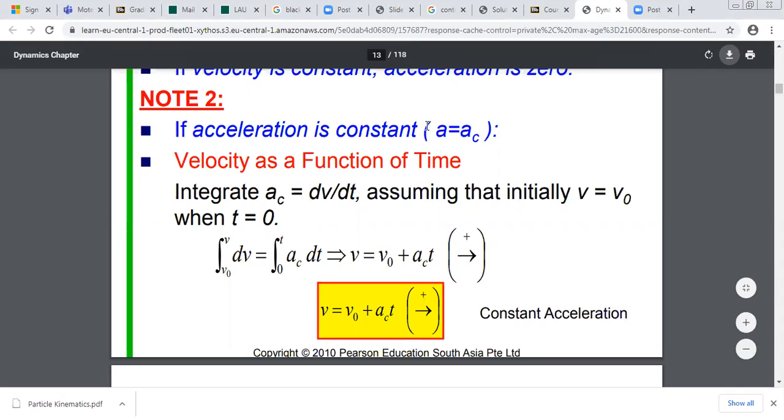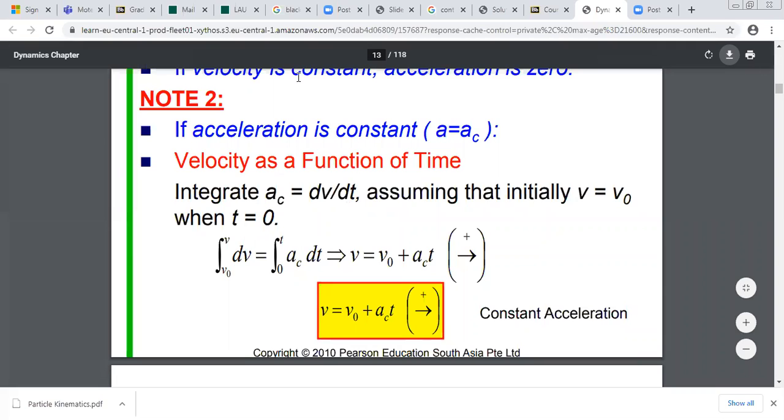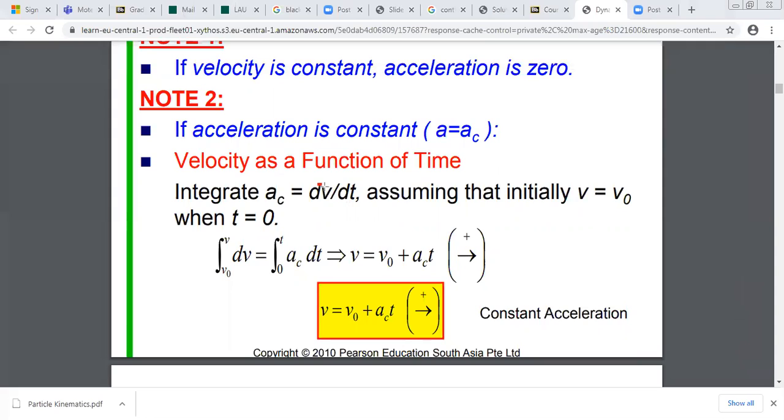So which relation to use? I use a equals dv over dt. Now I do separation of variables. What are my variables here? Because a is constant, my variables are v and t.